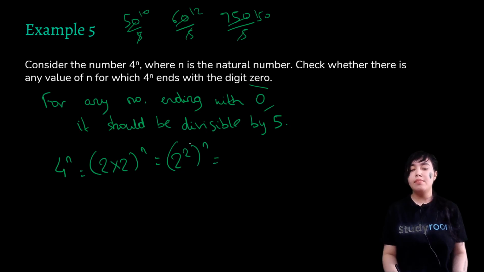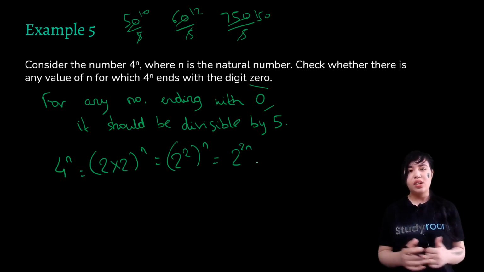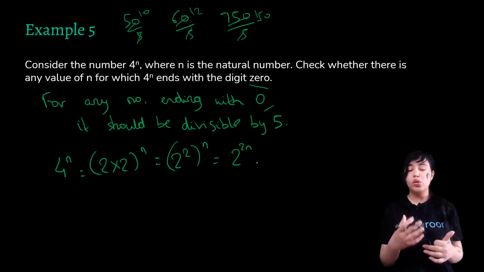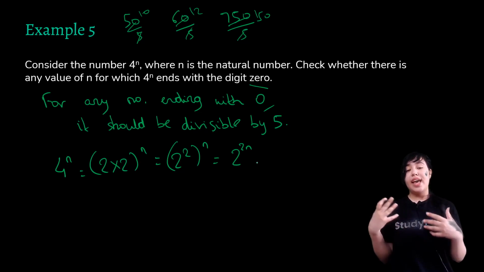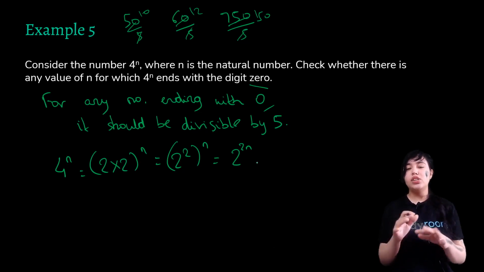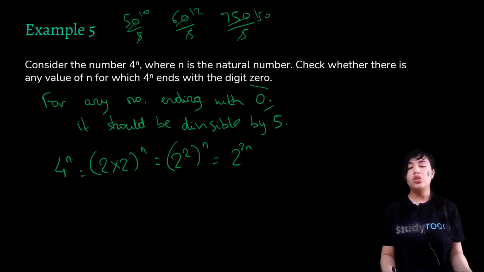We can multiply these exponents, so we get 2 to the power 2n. But do you see any prime factor of 5? No. Using the fundamental theorem of arithmetic, we do not see 4 to the power n expressed with a prime factor of 5. It only has the prime factor 2. If it does not have the factor 5, it means 4 to the power n is not divisible by 5.